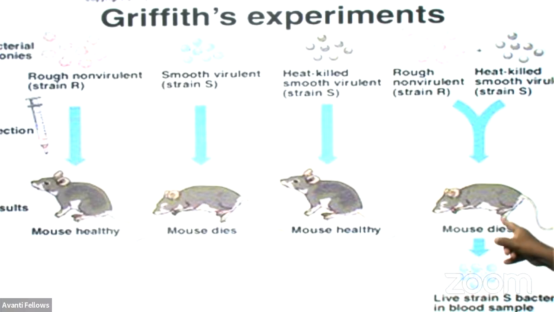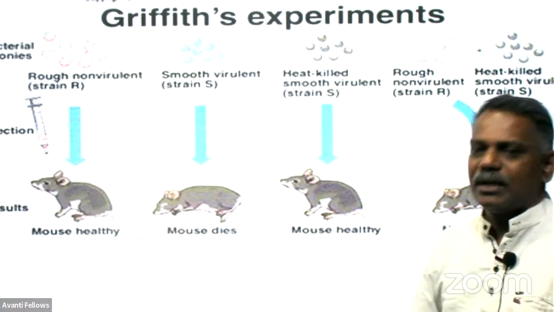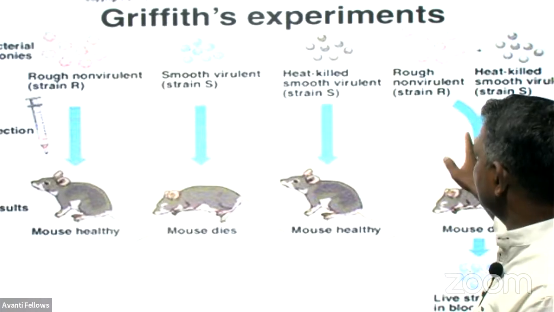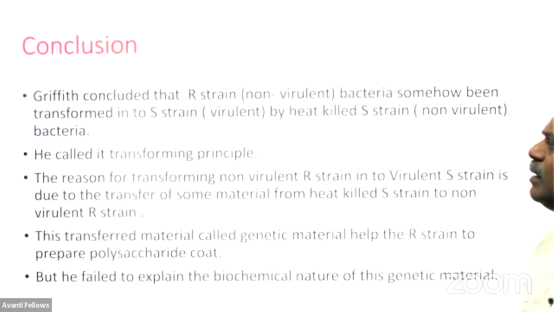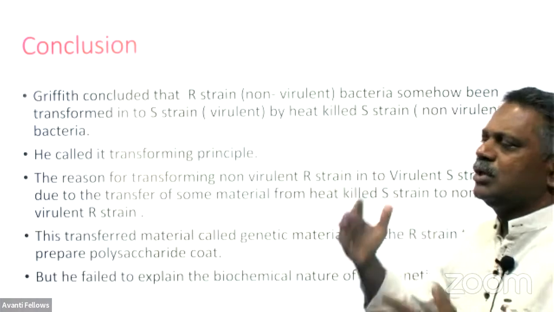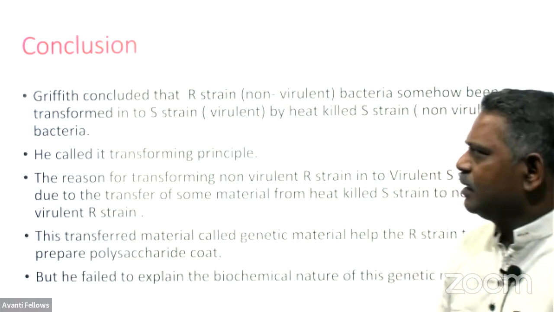Actually, he had injected only the heat-killed smooth strain, but in the blood sample of the dead mouse he found living smooth bacteria. This is what we discussed in the morning. So let us see the conclusion of his experiment.